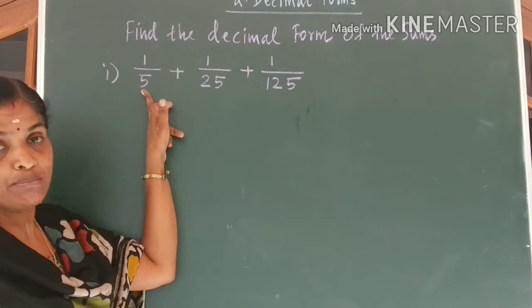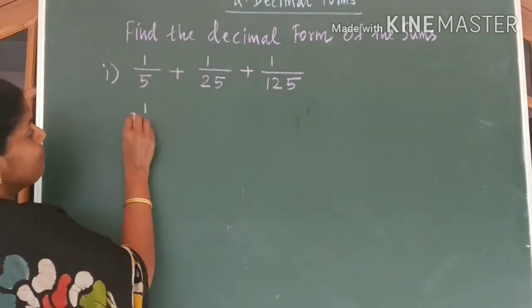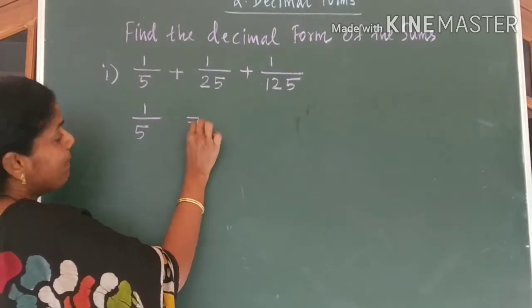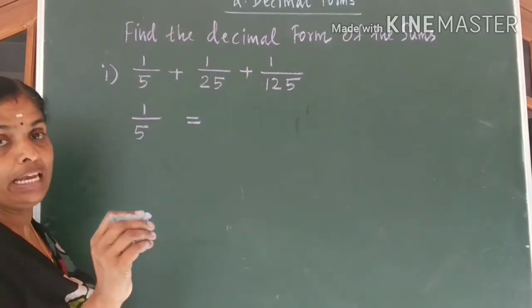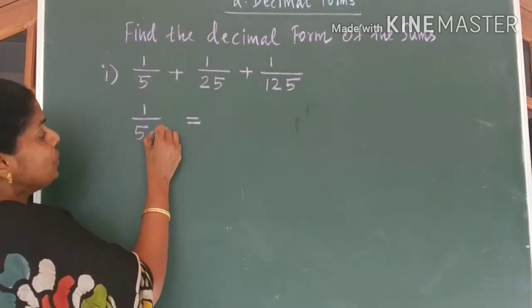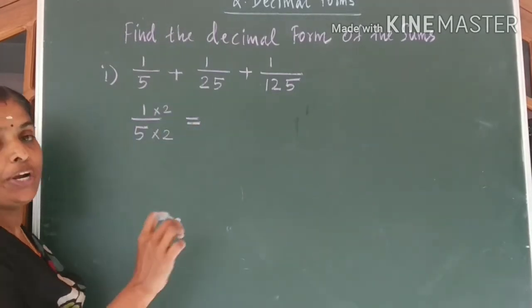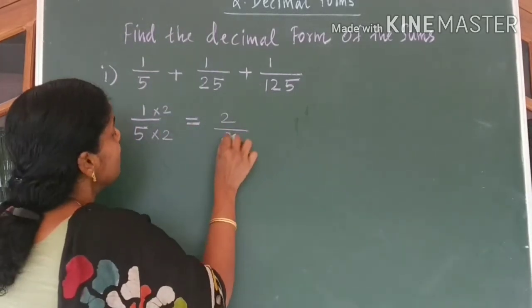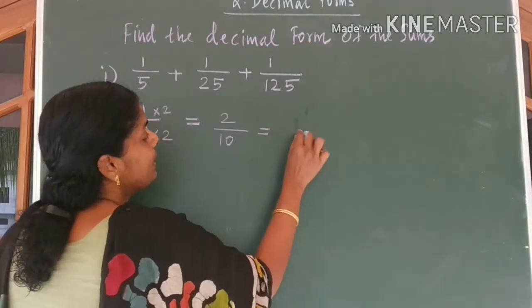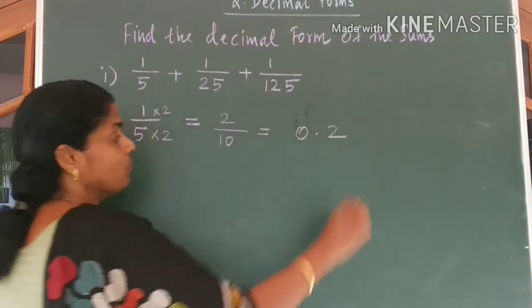First, you take 1 by 5. 1 by 5 can be made into a decimal by multiplying 2 in the numerator and denominator. So, what do you get? You get 2 by 10, which is equal to 0.2.